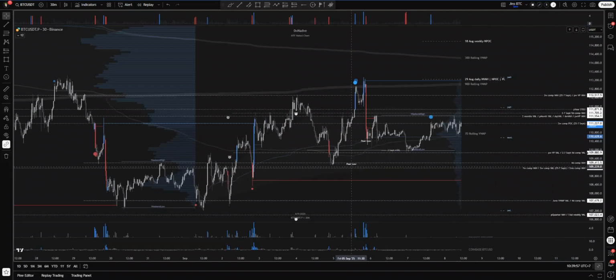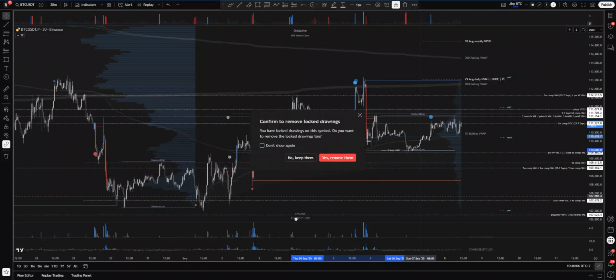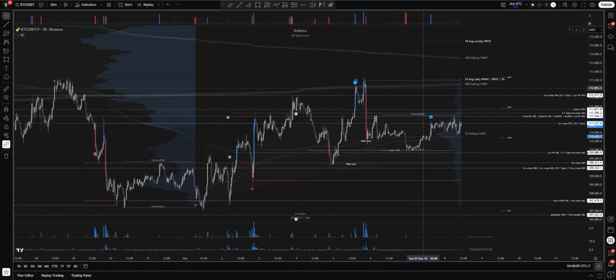Poor low here is not tagged yet, but the liquid value area low here is tagged. So I'm gonna delete that one. Oh, never mind. We'll discuss that later on in the daily market profile.